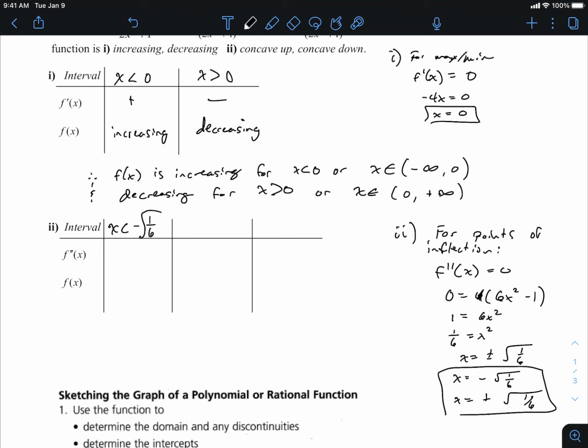And then we can look at what the graph is doing, concave up or concave down, between the 2 inflection points. And then we could say, what about to the right as well?